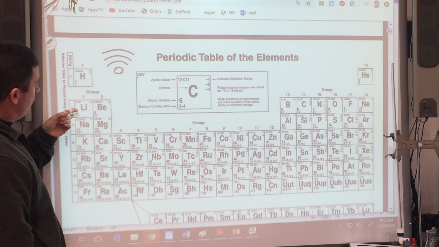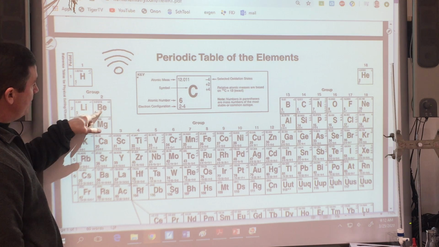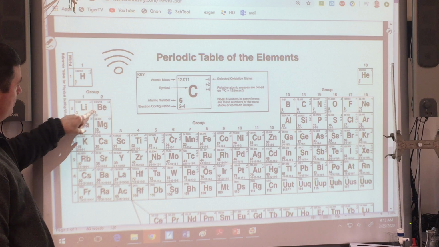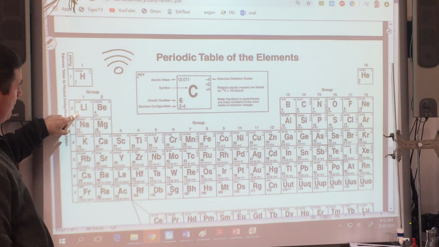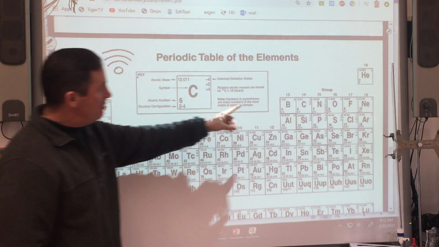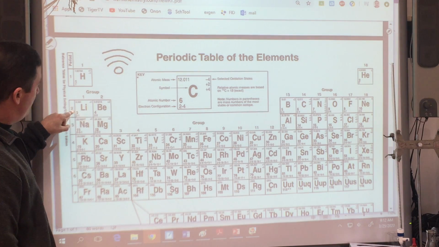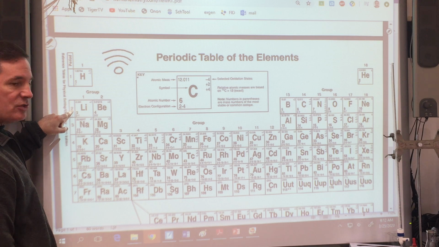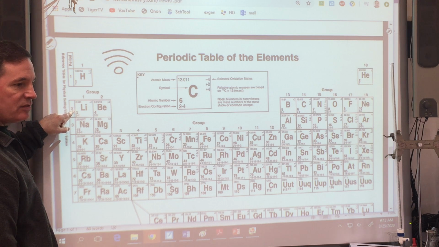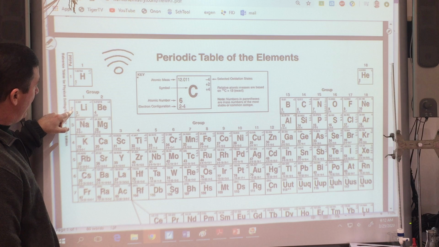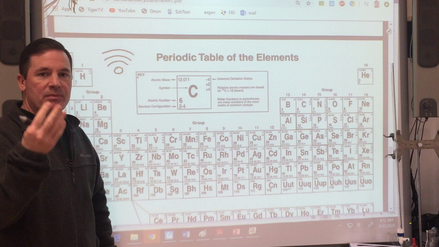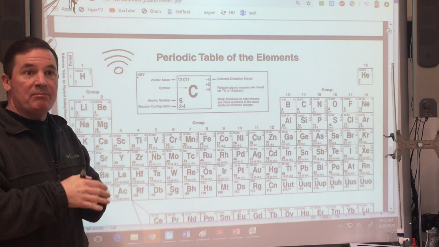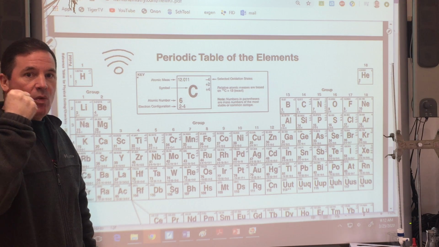Since we're going from left to right, we're adding protons. You can tell that by the atomic number, 3, 4, 5, 6, etc. But we're not adding an energy level. We're staying at the same energy level here, and because of that, the atom is going to have more protons and pull on the electrons even more.